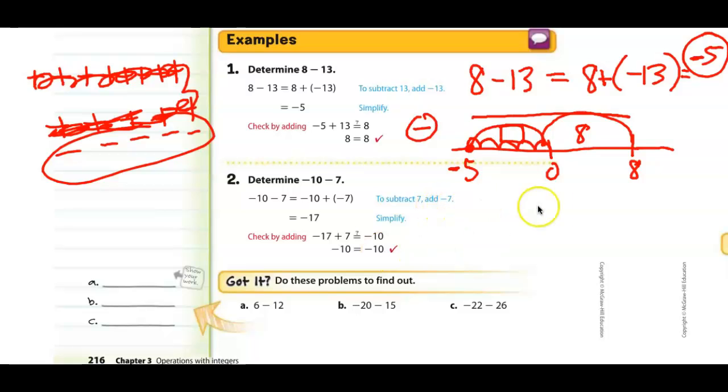So now we've kind of proven by showing the number line way and the counter and 0 pair way that with those models this does work.